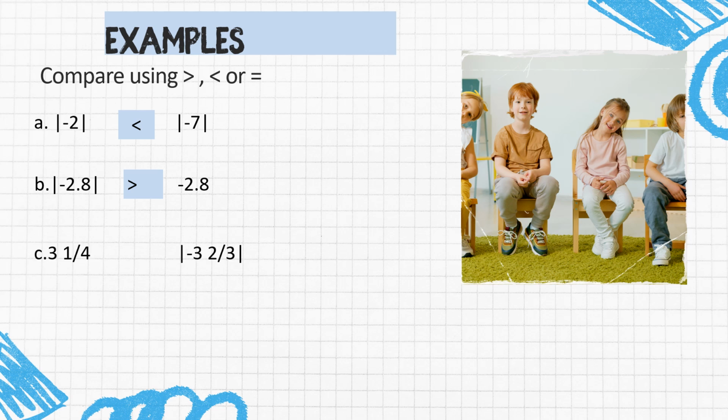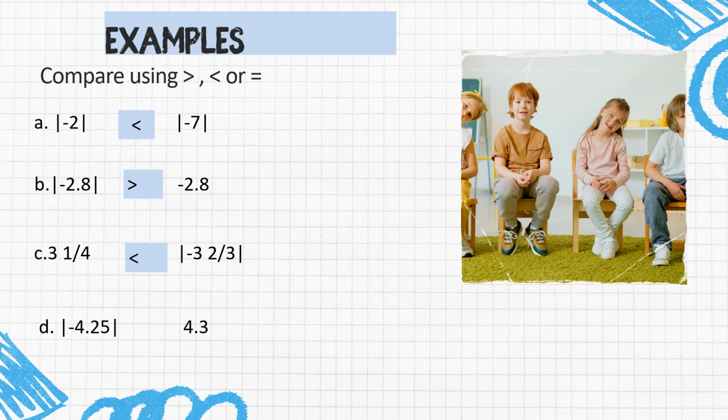Next, 3 and a quarter, and the absolute value of -3 and 2/3, which is greater? Tell me, I'm waiting for you. Excellent, math champions. The absolute value of -3 and 2/3 is greater than 3 and a quarter.